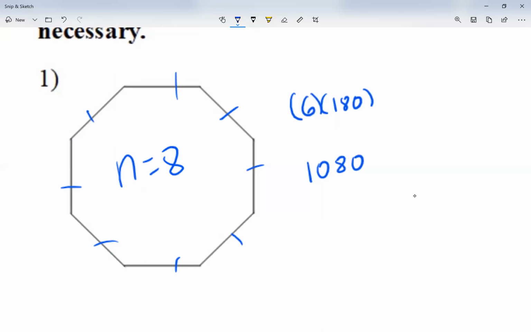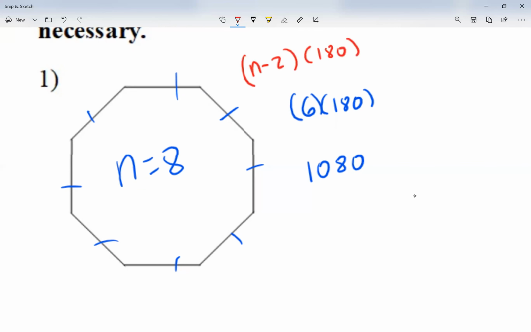Now, a formula that I'm going to use to find out the sum of the angles, I can cut it into triangles like I just did, but a formula that I'm going to use is going to be n minus 2, times 180, where n is how many sides we have.